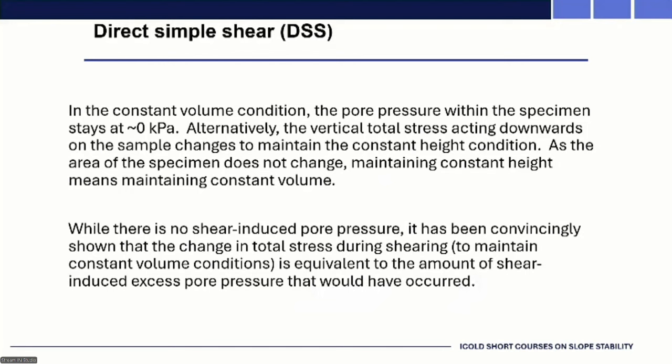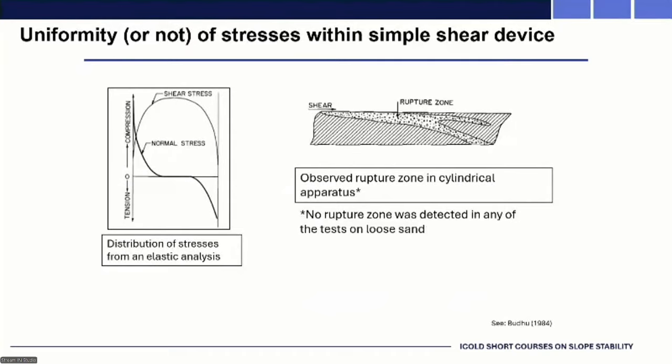So we do a constant volume test, measure the change in vertical stress to keep it constant, and that is taken to be the likely or the equivalent change in pore pressure that would have happened. So hence we can do, I think quite convincingly, undrained tests in the DSS.